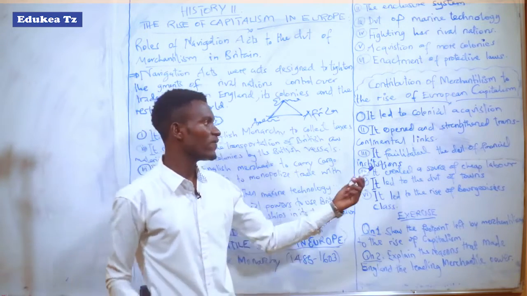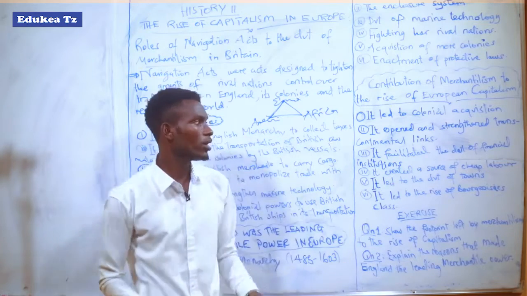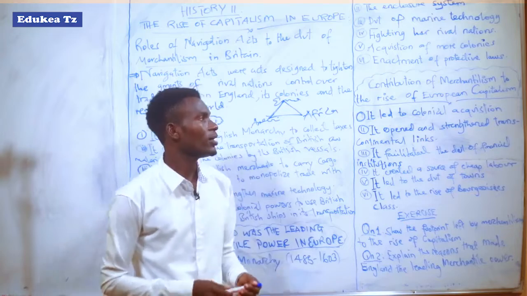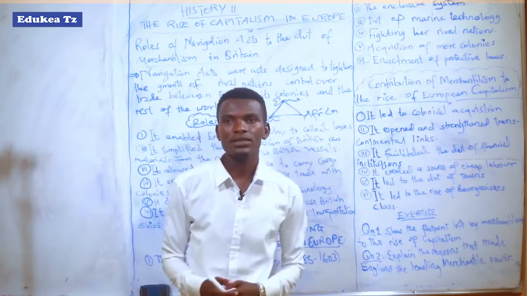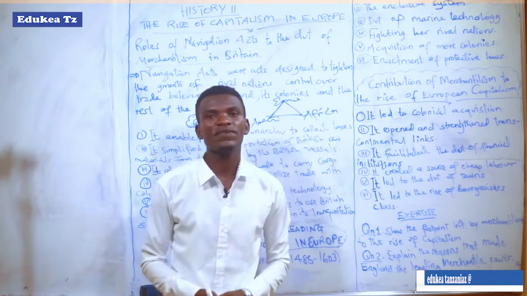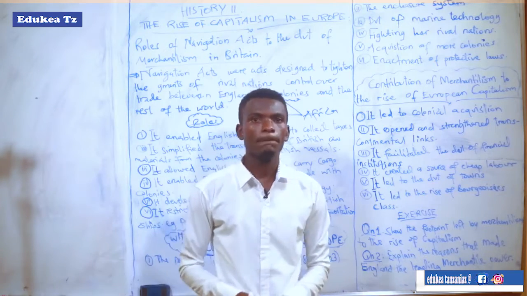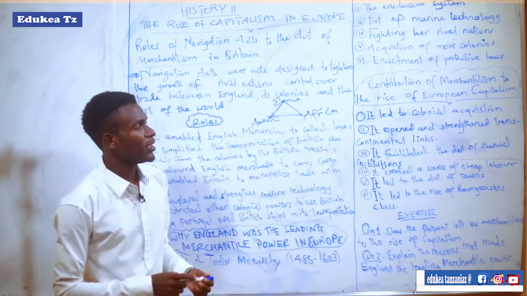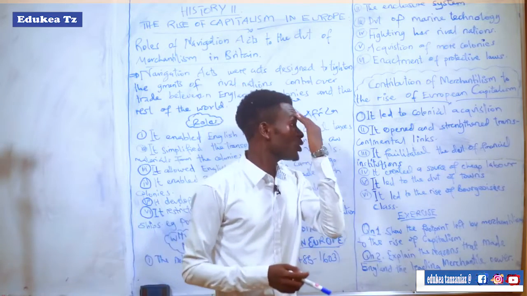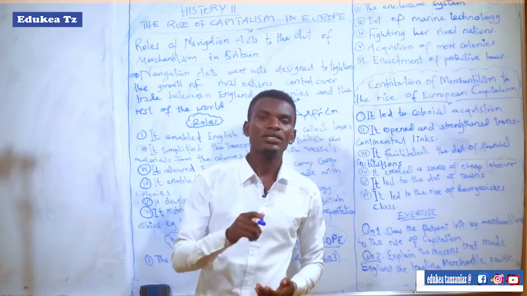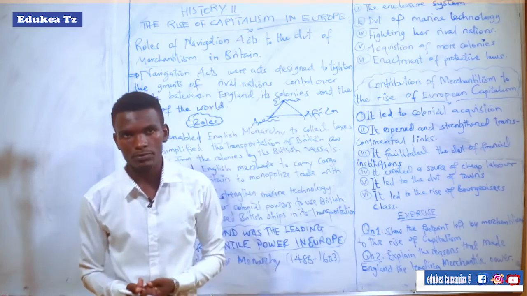For example, financial institutions which emerged during the mercantilism era included Barclays Bank of 1756, as it was founded by those people. And there was another insurance company, Lloyd Insurance Company.